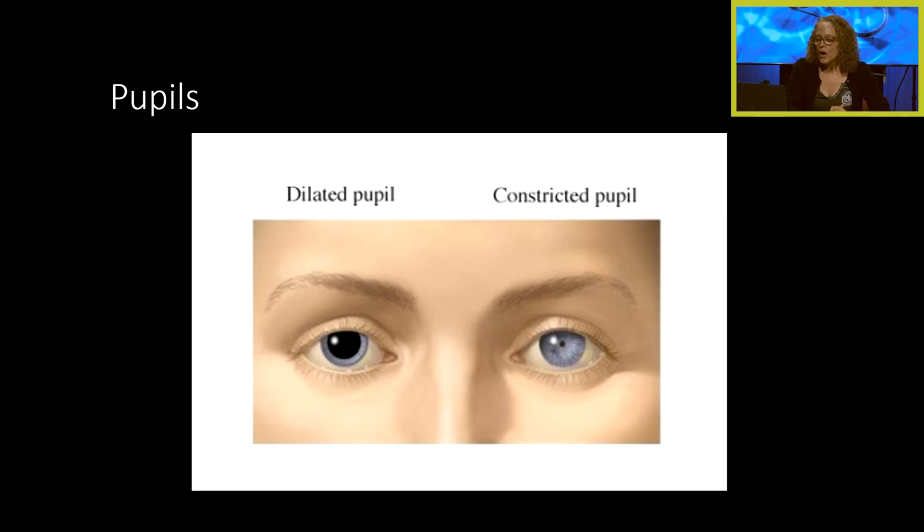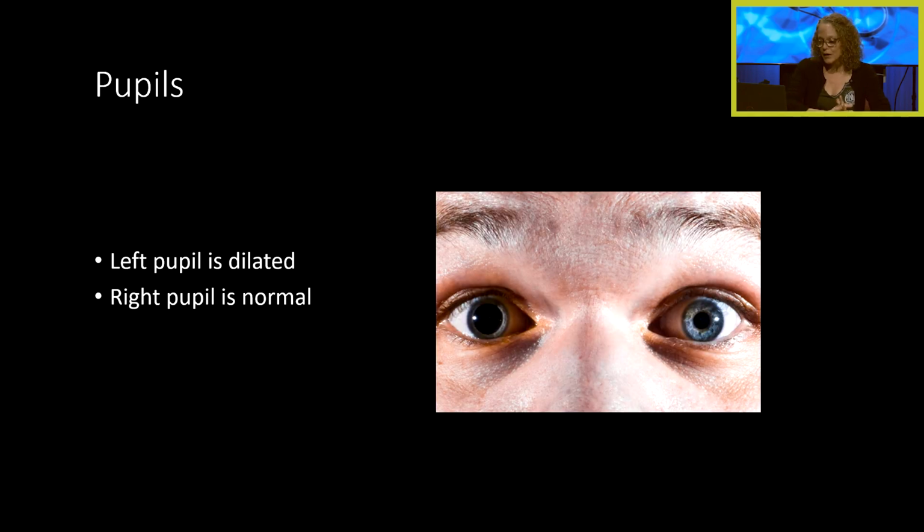However, we also need to find out history. History is very important as well, because I will show you here, we have a very live, perfectly healthy individual who has a dilated pupil on one side, and on the other side it looks like it's about 3 or 4 millimeters, which is normal size. What's going on? He didn't have a traumatic brain injury.